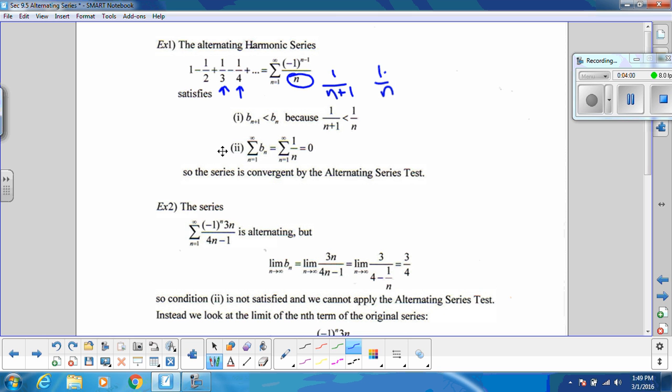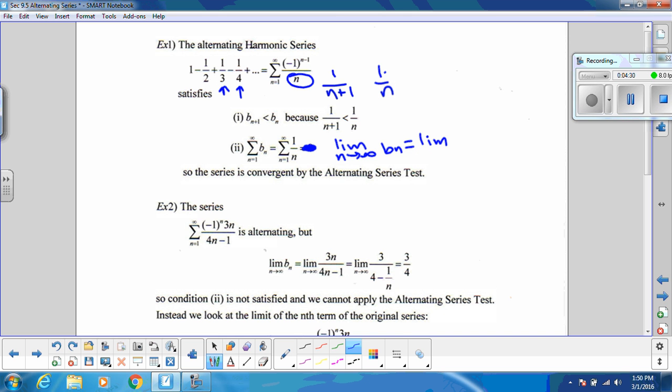Okay, and then for the second part of the condition, again, we're looking at just the b sub n as a series. And this really shouldn't say it equals 0. We're not saying that the sum is equal to 0. We want to look at the limit here. So we're looking at the limit as n approaches infinity of my b sub n. And remember, we said that b sub n is simply the 1 over n part.